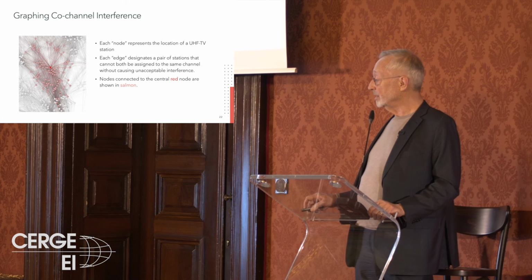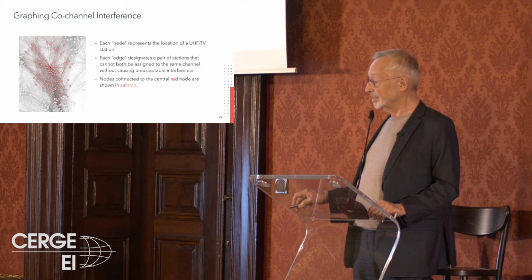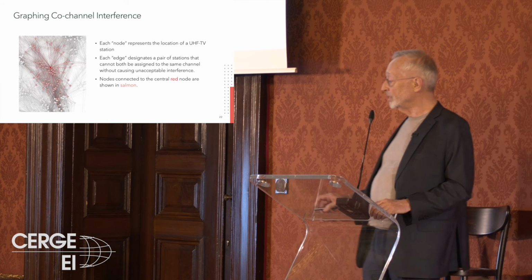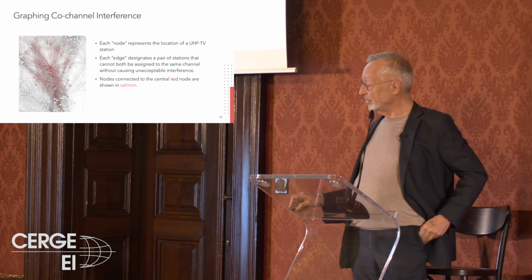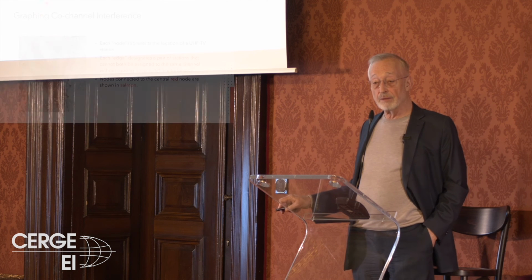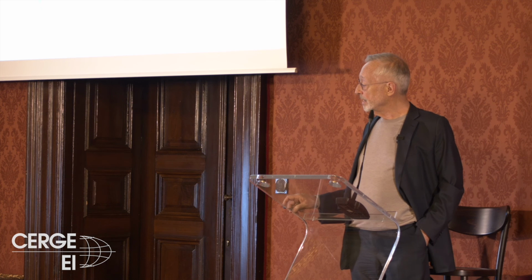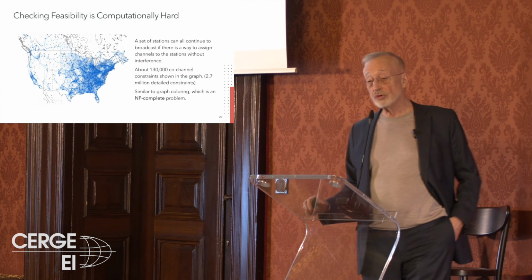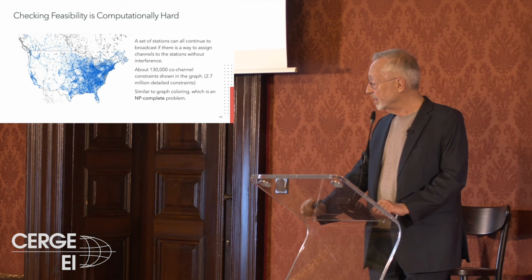The nodes connected to this central red node are colored salmon, and the white nodes are connected to the salmon colored nodes, and you end up with something that looks like that, which is pretty dense on the west coast and the whole eastern half of the United States. There are about 130,000 of these edges, of these co-channel constraints as they're called.